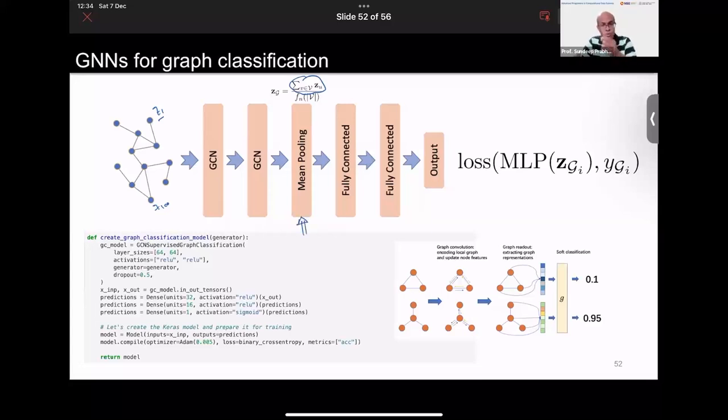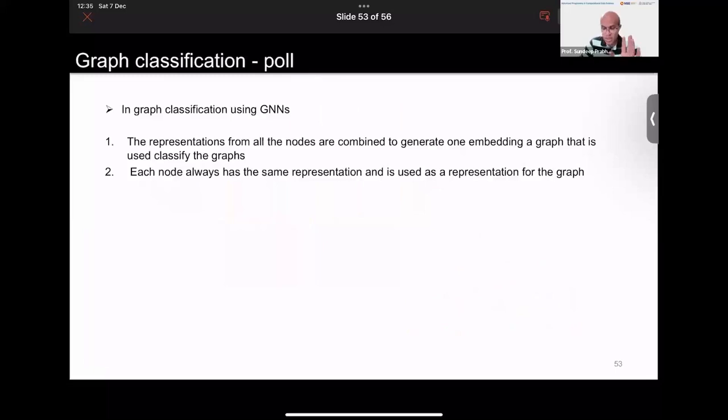And once you have this mean pooling, I can again do a classification to classify different graphs based on the labels that I have. And again, you would set up a loss function to minimize the discrepancy between the label and the embedding of that particular graph. So once you have the graph neural network that generates the embeddings, you can use that for one of the three tasks as we discussed.